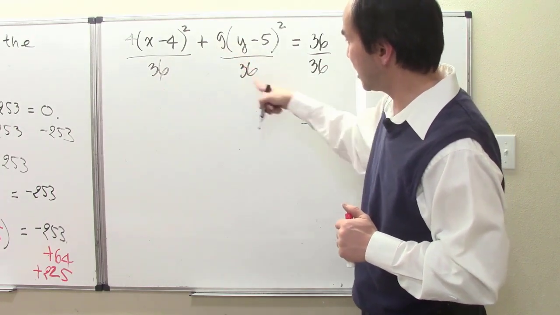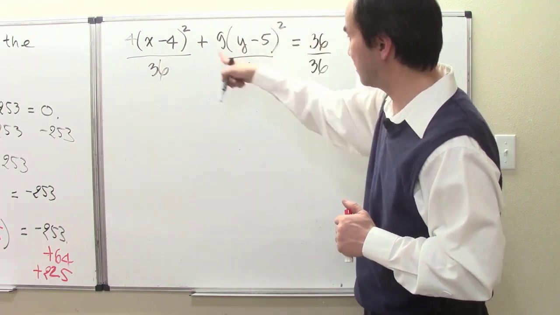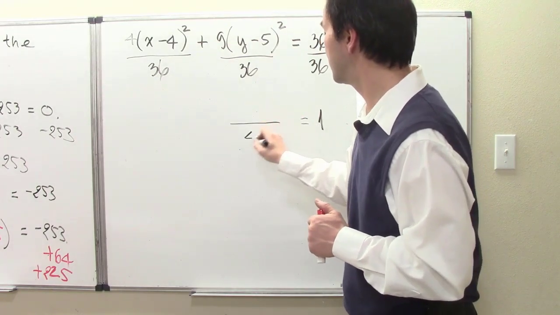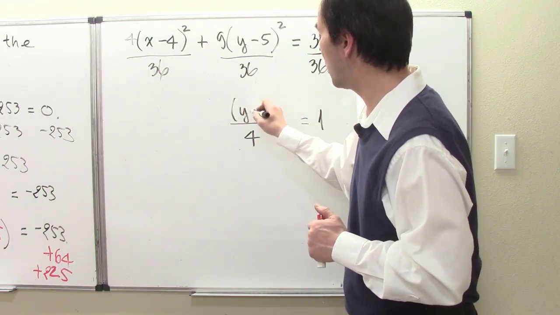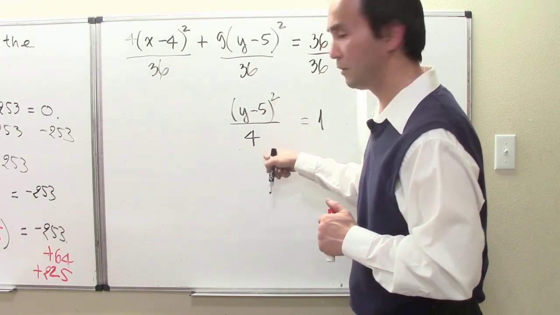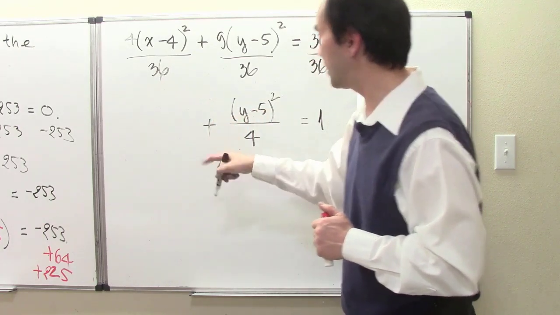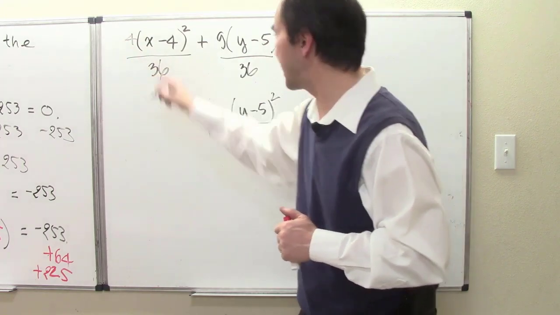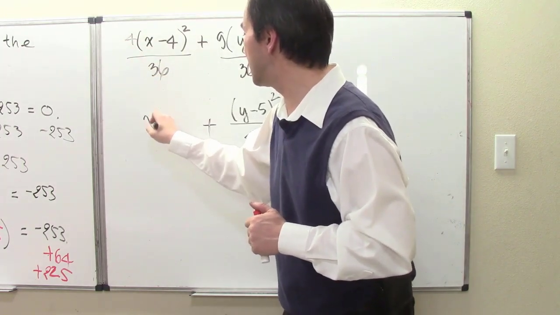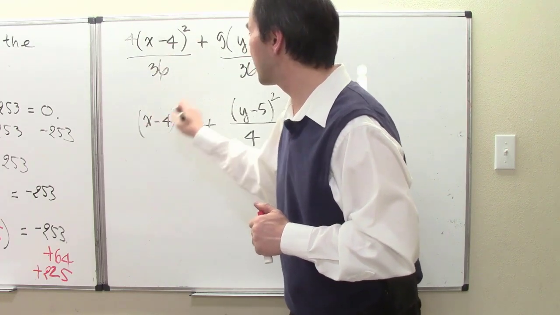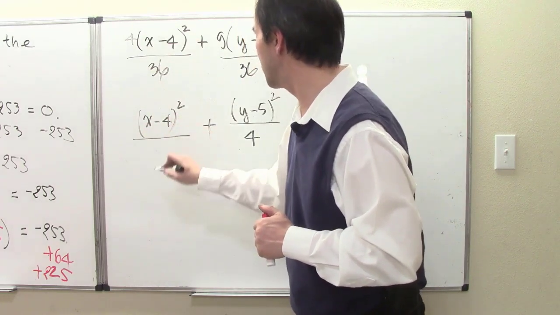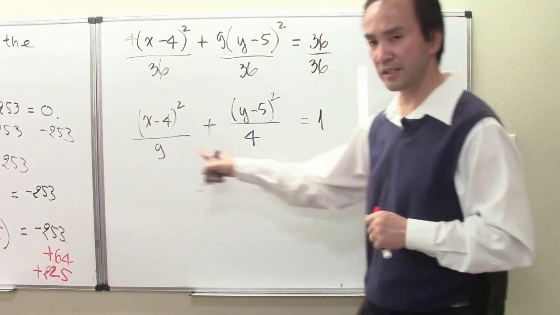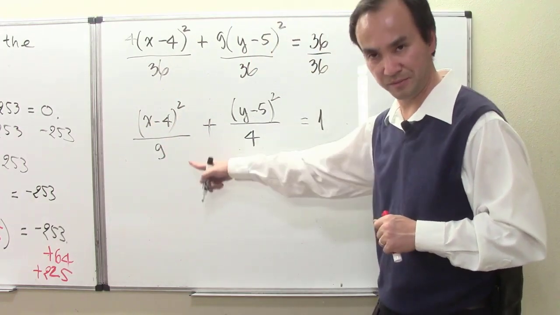On the left-hand side, the 9 reduces with the 36 in the denominator, making it over 4, so we have (y minus 5) all squared over 4, plus, with the 4 reducing with the 36, (x minus 4) all squared divided by 9. And so now clearly it's the equation of an ellipse.